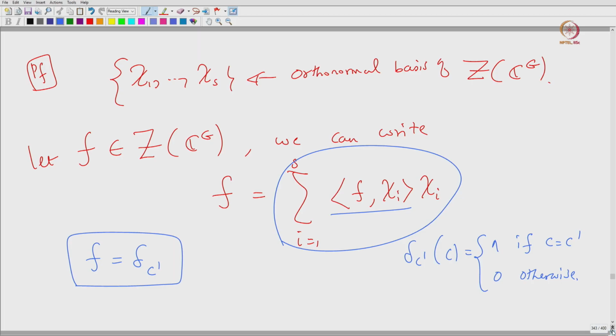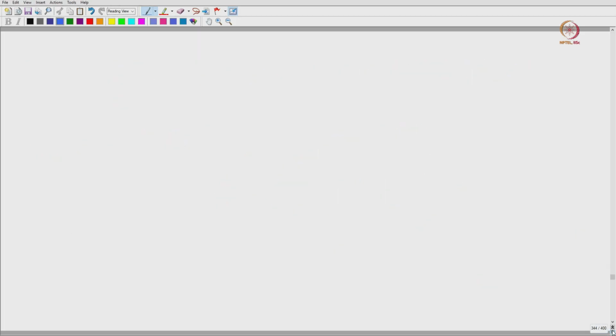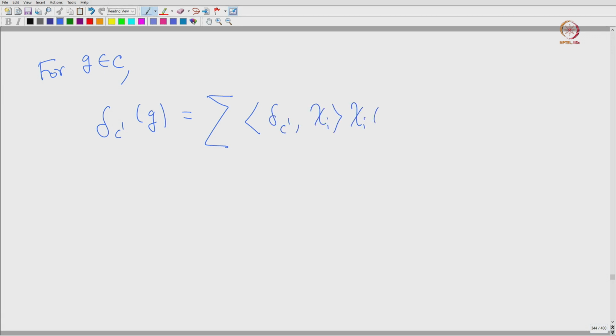So, let us write it and then expand it. For this g that we have fixed in C, we have delta C dash of g. This is exactly given by the summation, i ranging from 1 to s, of the inner product of delta C dash with chi i, times chi i of g. This just follows from the fact that delta C dash can be written as a linear combination of chi i's.